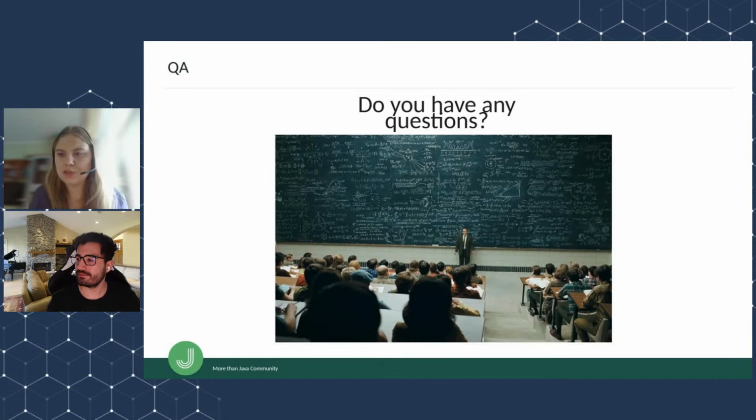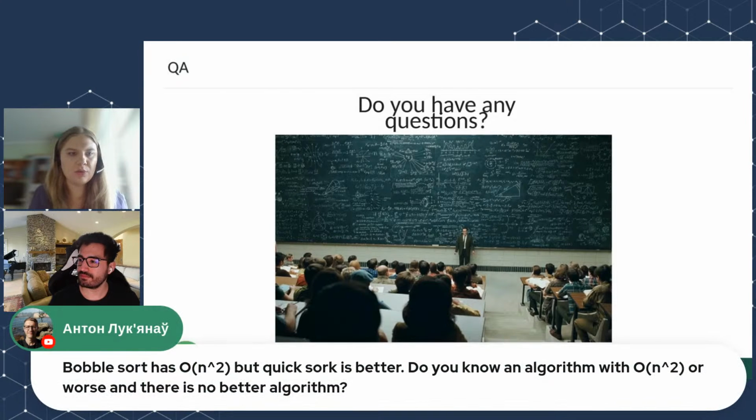One question we have now, I'm showing, is the following. Bubble sort has O of n squared, but quicksort is better. Do you know an algorithm with O of n squared or worse, and there is no better algorithm? I'm not sure if I understand that.